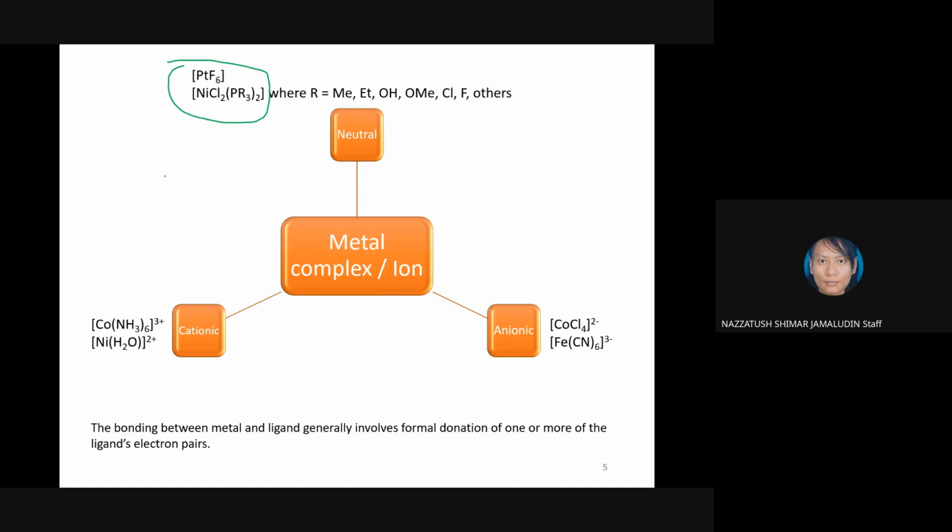Sometimes they don't write it in a bracket, especially in research articles, because whenever there is a metal in the chemical formula, chemists all know that these are coordination compounds.